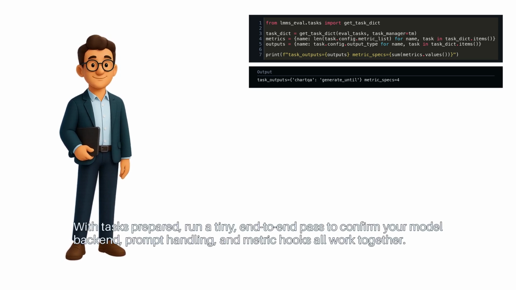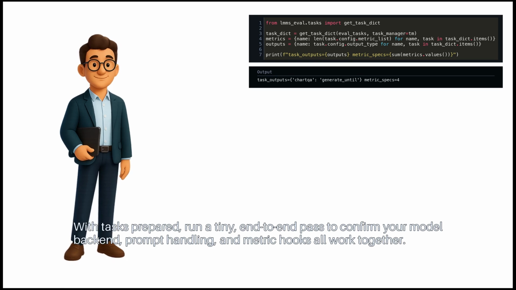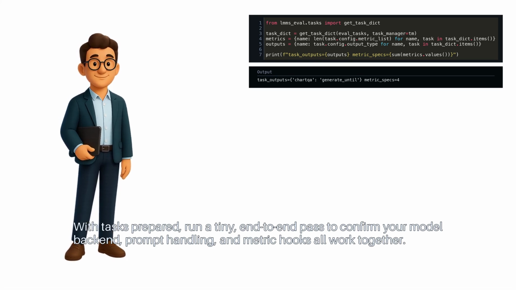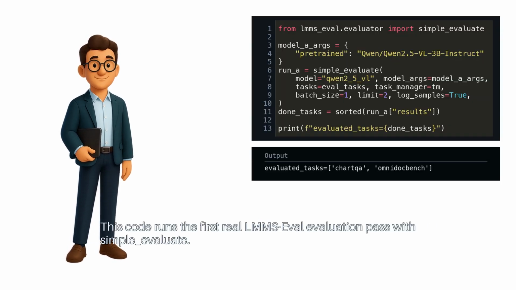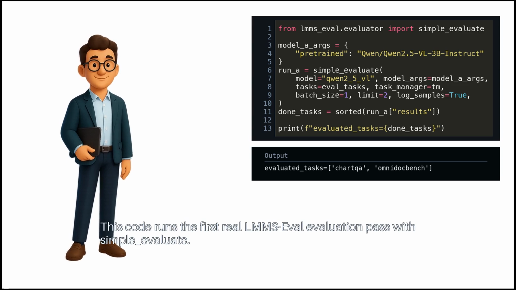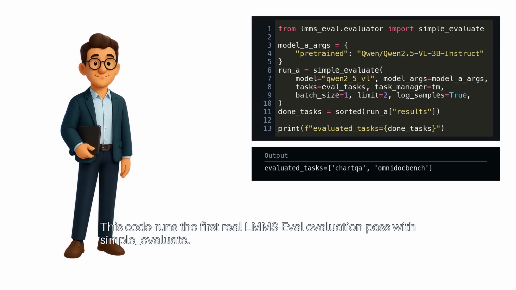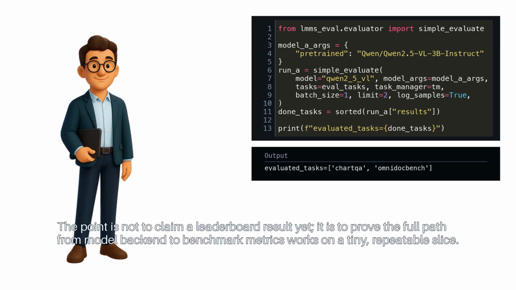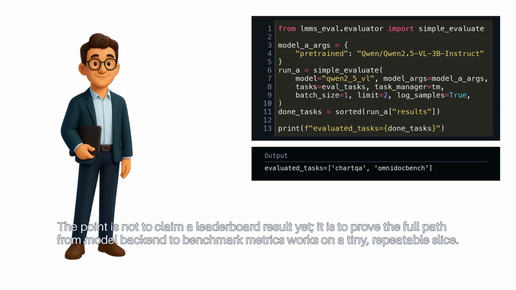With tasks prepared, run a tiny end-to-end pass to confirm your model backend, prompt handling, and metric hooks all work together. This code runs the first real LMMS-Eval evaluation pass with simple_evaluate. The point is not to claim a leaderboard result yet.